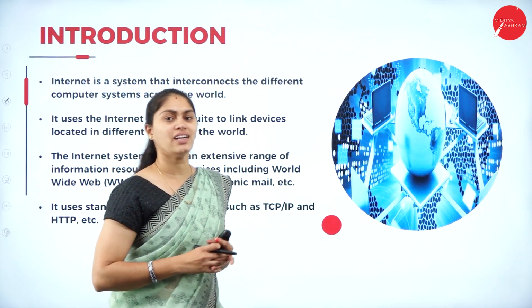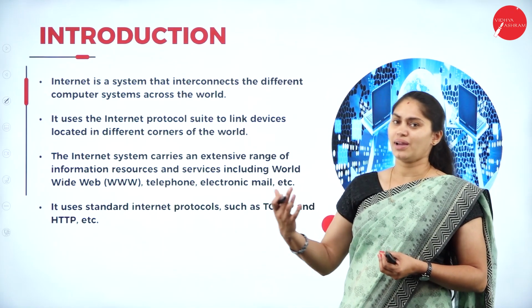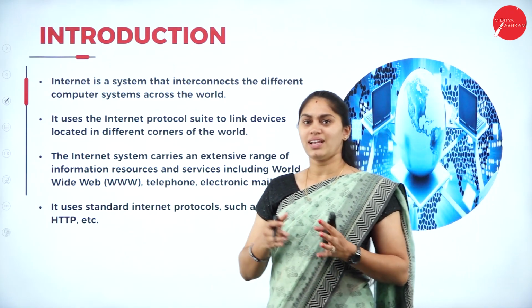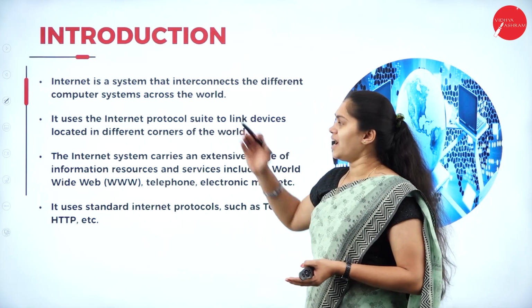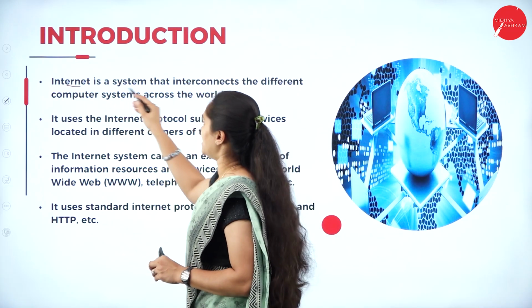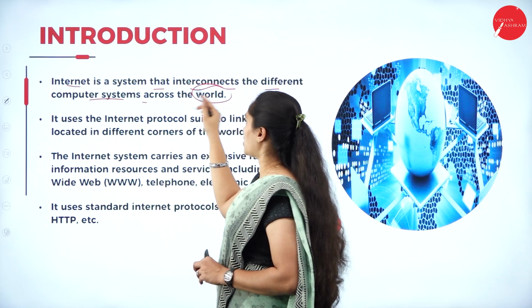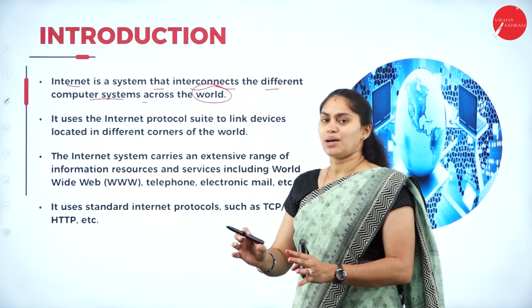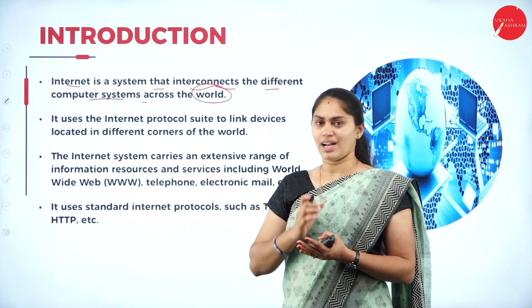As you all know, we get the benefit from the computer, which is mainly used to make human life easy, correct? It is going to ease the work of humans, and mainly this internet. So what is the internet? It is a system that interconnects different computer systems across the world. Each computer is used to get work done.